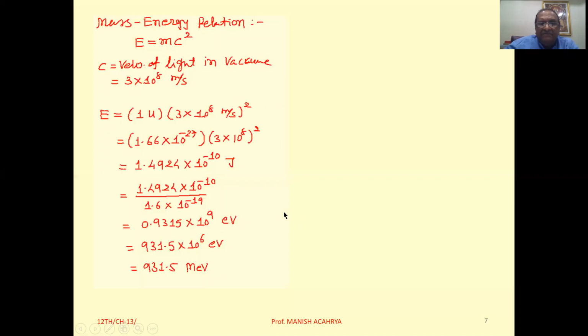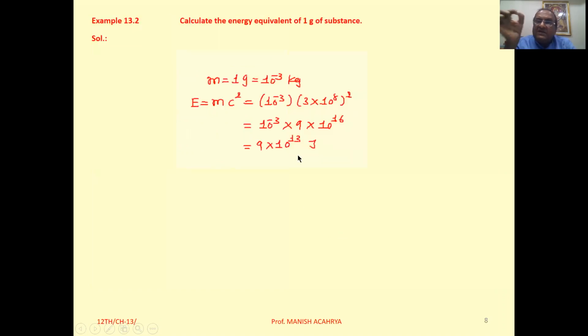So see, in this theory we discussed 1.66 into 10 raised to minus 27 kilogram is equivalent to 931.5 MeV. Then 10 raised to minus 3 kilogram is equivalent to how much energy? With the help of the simple unitary method also you can calculate this one. Clear to all of you?